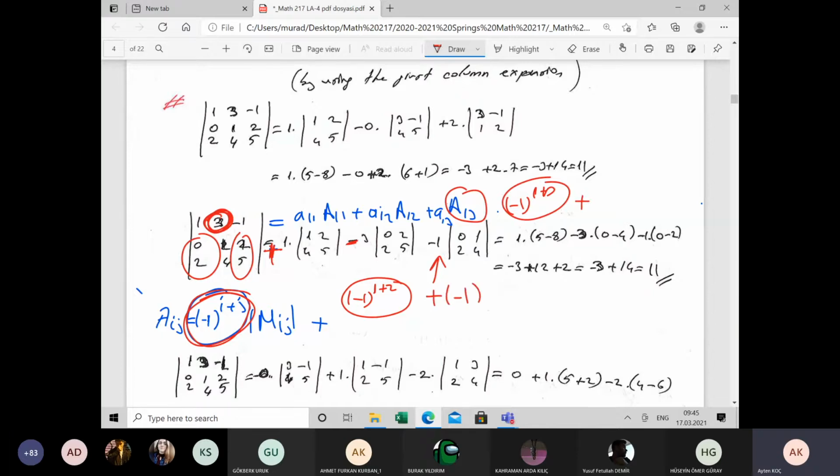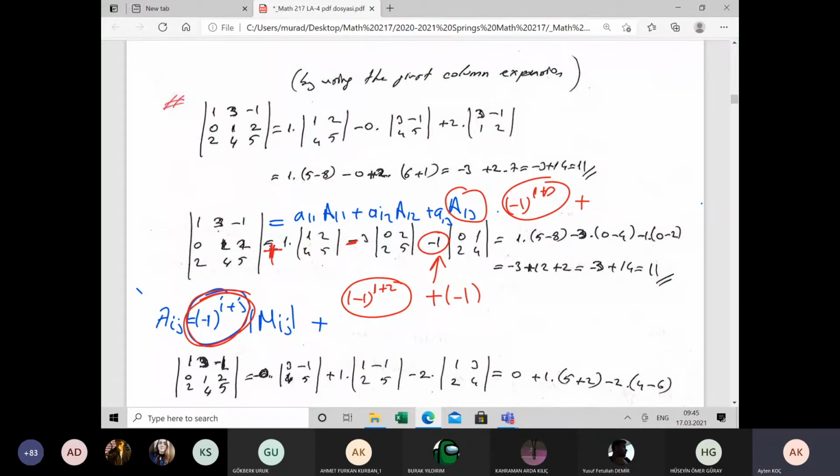So we obtain minus 1. Write the corresponding minor of the minus 1, which means take this entry and delete the corresponding row and column. We obtain the submatrix 0 1 2 4 as the minor. Any question here?